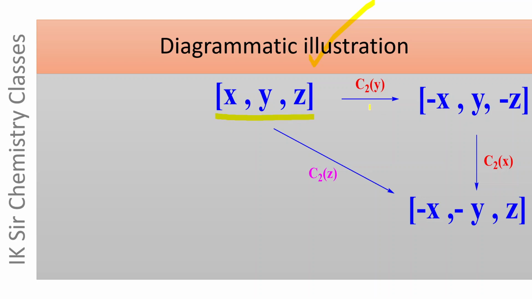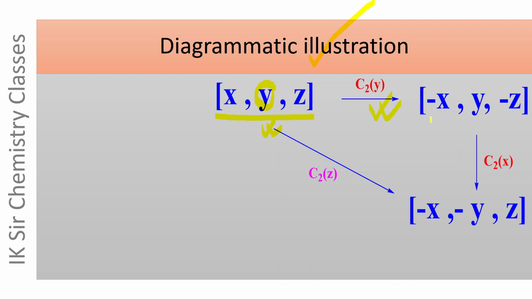If C2y operation is carried out on the molecule, there will be no change in the y-axis. If the molecule is rotated by 180 degree about the y-axis, there will be no change in y, while the coordinates x and z will have reverse sign.